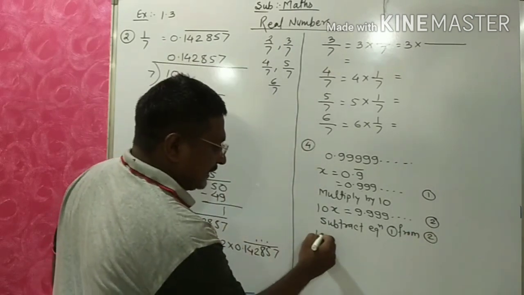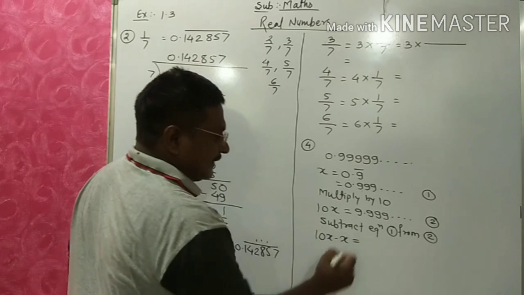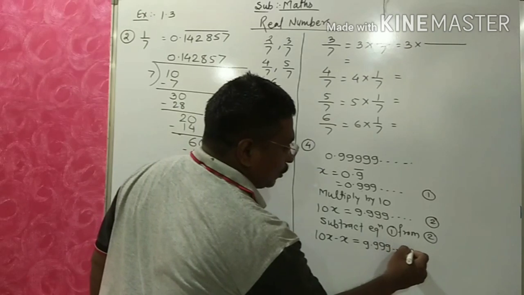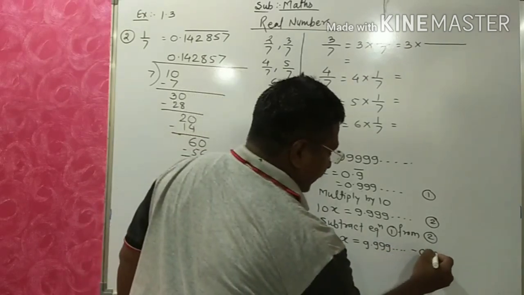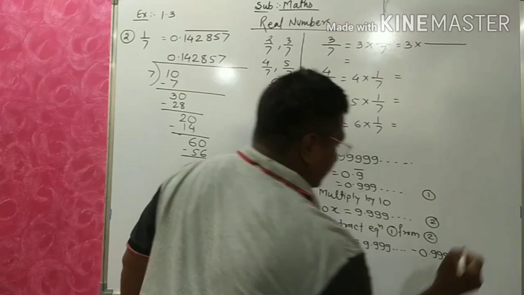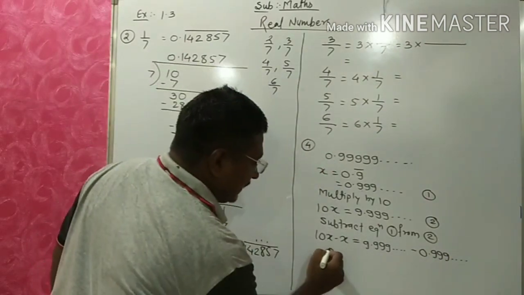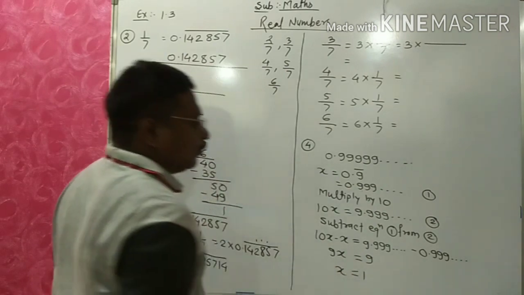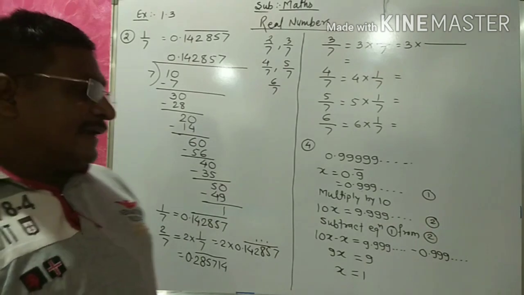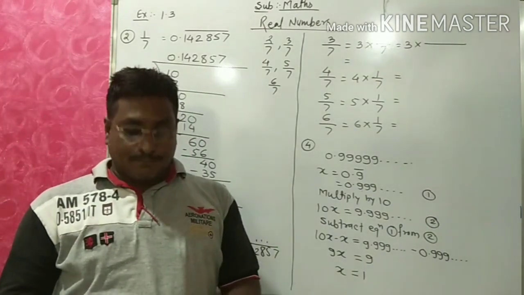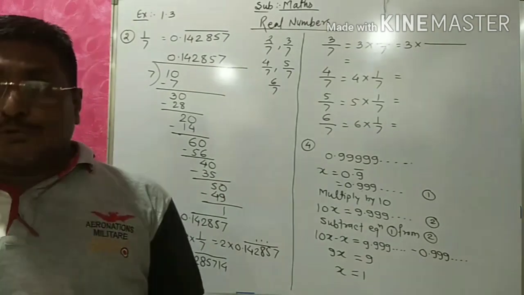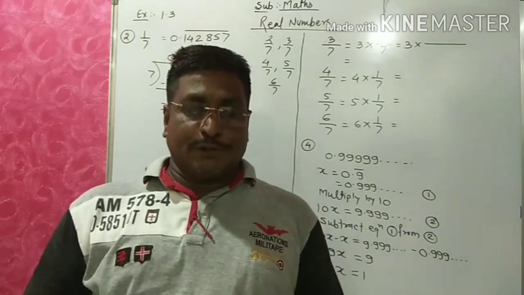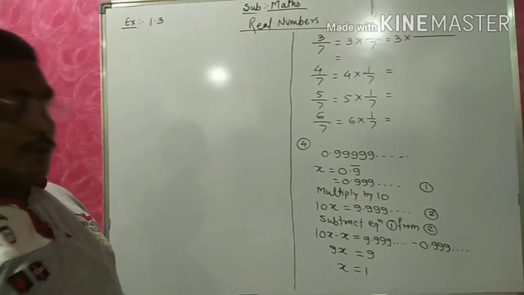So 10x minus x equals 9.999 dot dot dot minus 0.999 dot dot dot. So we get 9x equals 9, so x equals 1. Hope you understand, students, how to do the fourth question. Now we will go on to the fifth question.